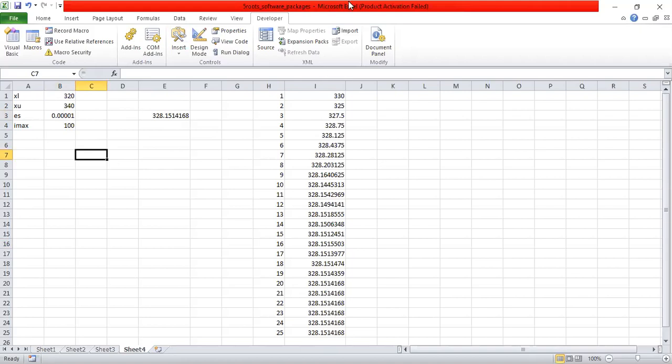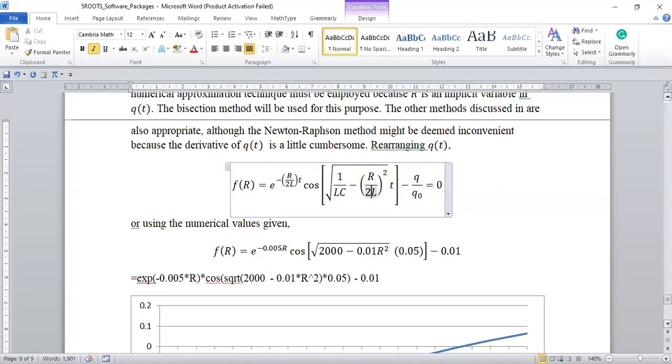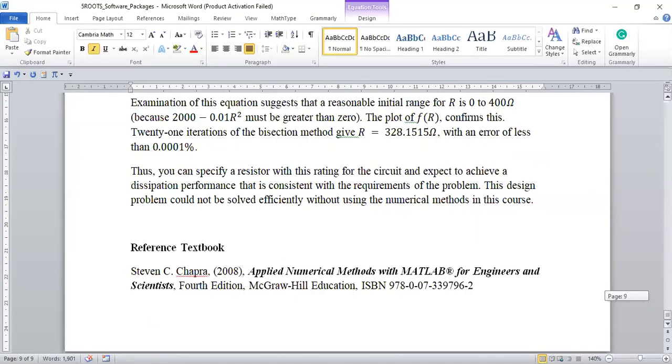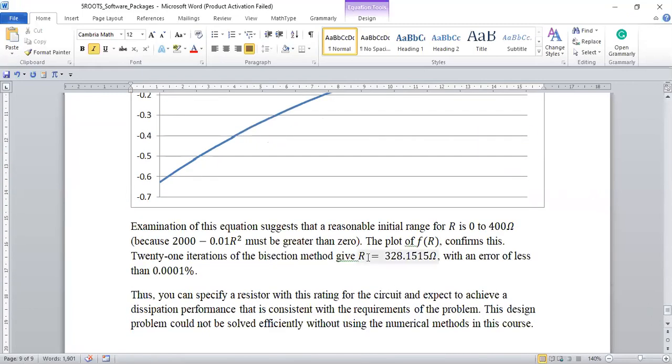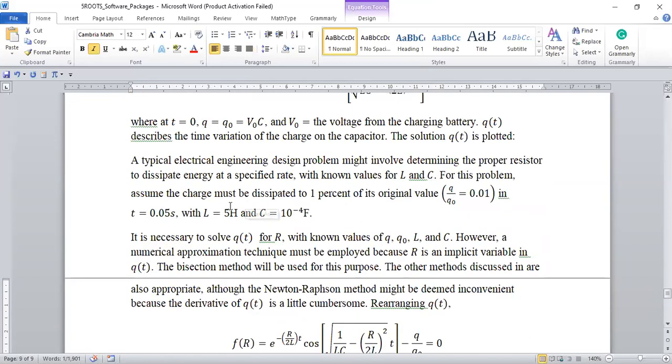Let me go back to the note. So we used a practical example: we designed an electric circuit, then calculated the value of the resistance R that is able to produce a charge dissipation of 0.01 at a time of 0.05 with an inductance of 5 Henry and a capacitance of 10 to the minus 4 farad.